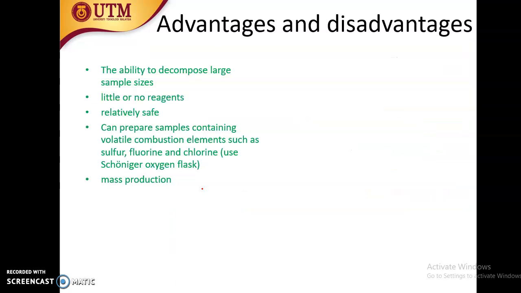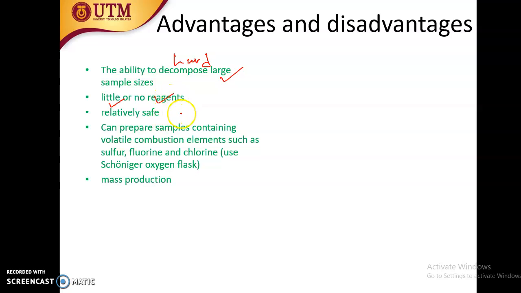The advantage of ashing is that it is able to decompose hard matrices and a large size of sample, with little or no reagent, because if we are using wet ashing, you are using only a few mils of acid.